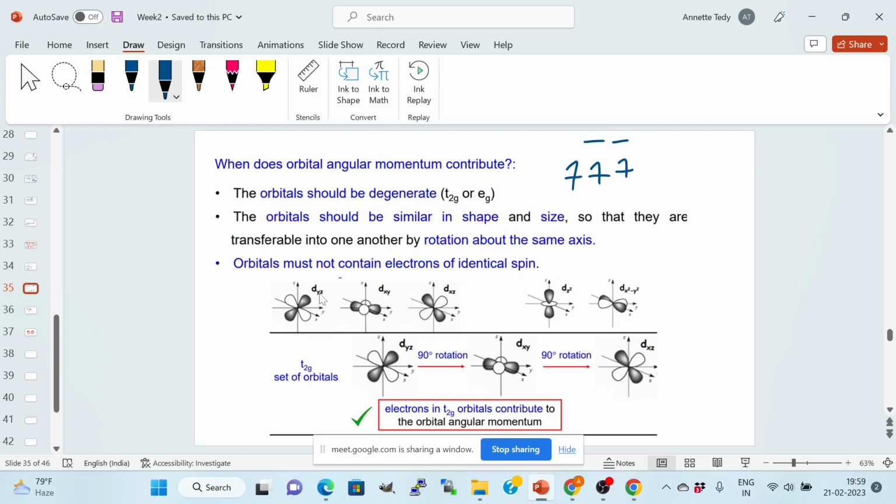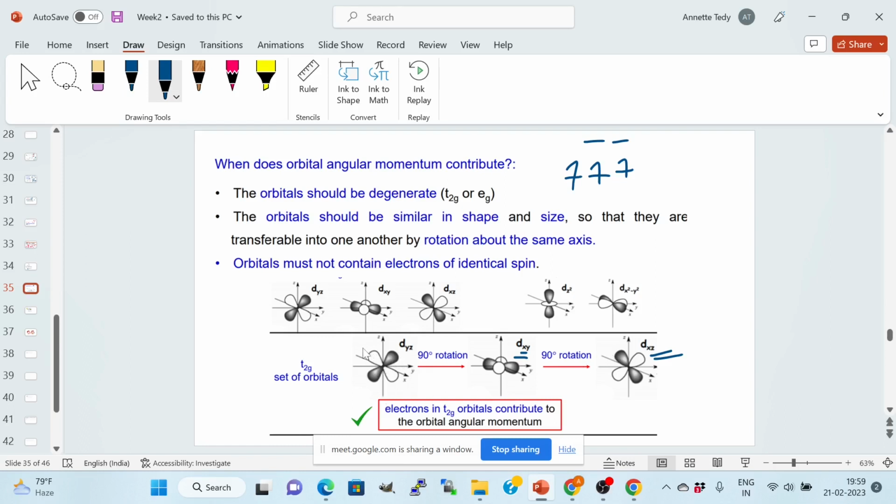If we look at the dxy, dxz and dyz, if I rotate each by 90 degrees, we can transfer. Like if I rotate dyz by 90 degrees, I essentially get the dxy. If I rotate dxy 90 degrees, I essentially get the dxz. So by rotation, we can interconvert these axes.